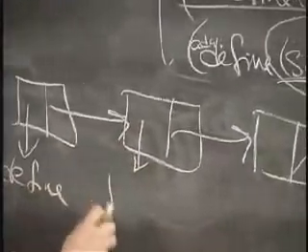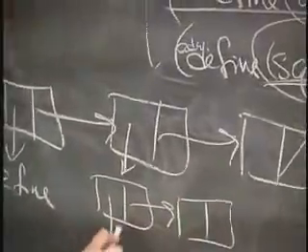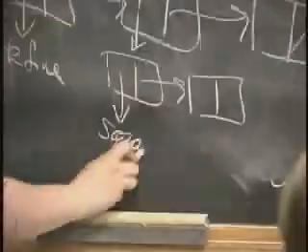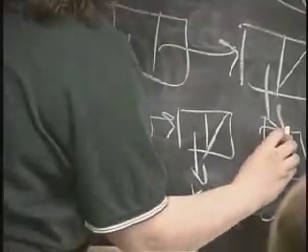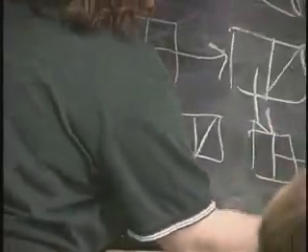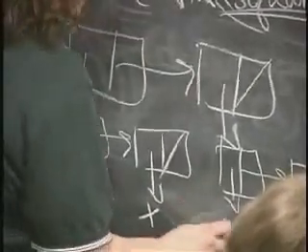This is going to be the list square x, and this is going to be the list times x.